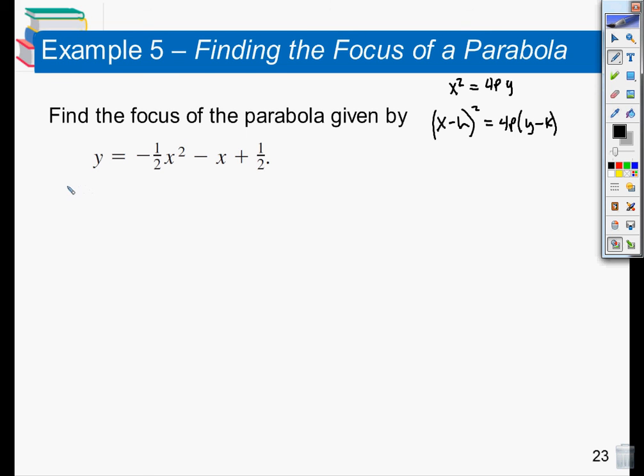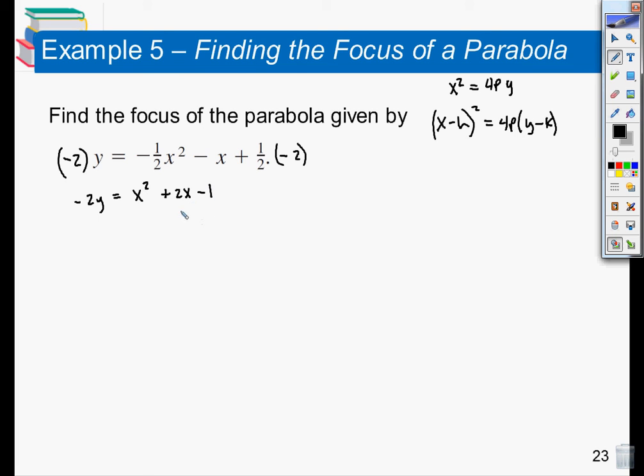Multiply both sides by -2. Now over here I'm going to get -2y equals, I multiply by -2 so I get just a positive x squared here, and I get a plus 2x, and I get a minus 1.